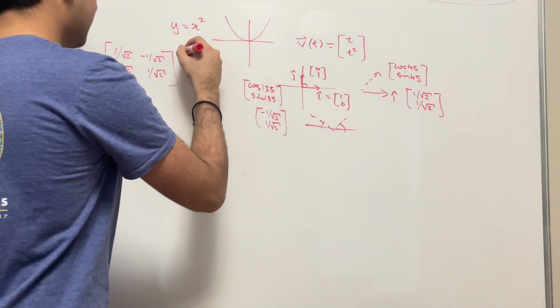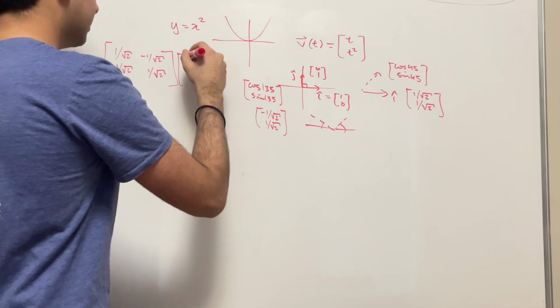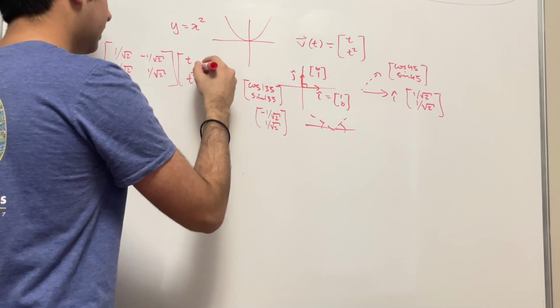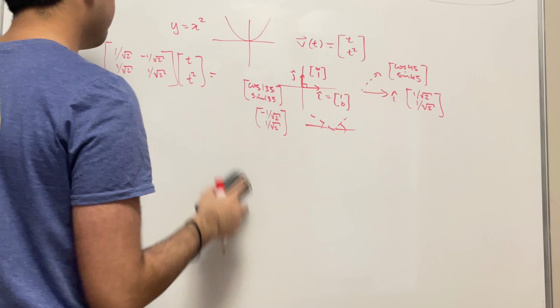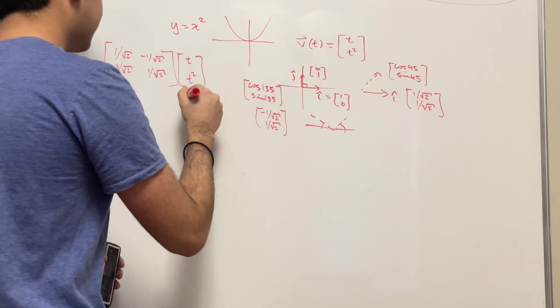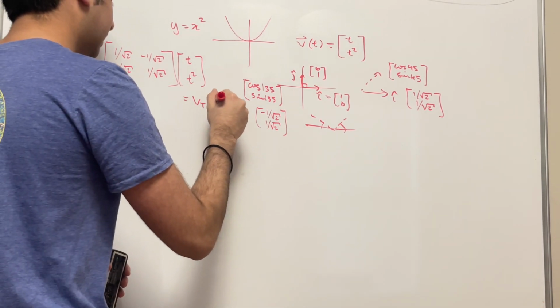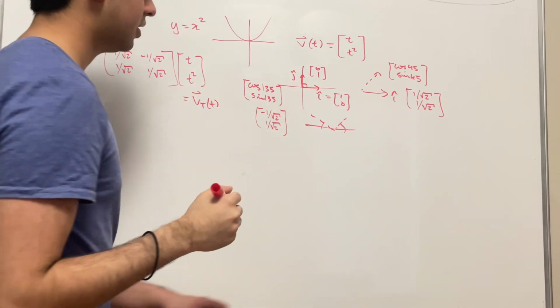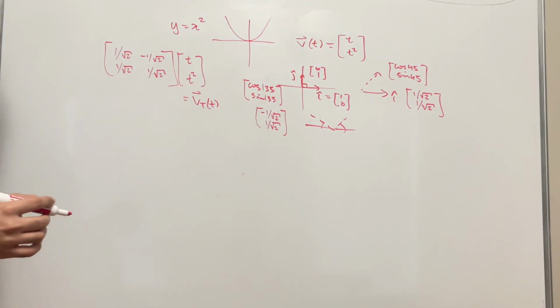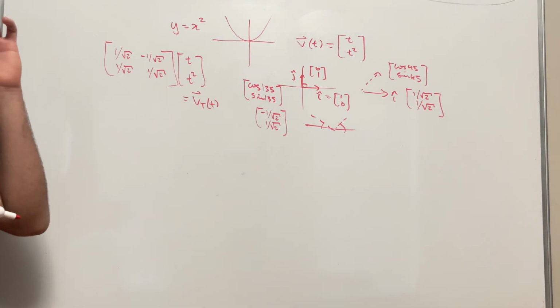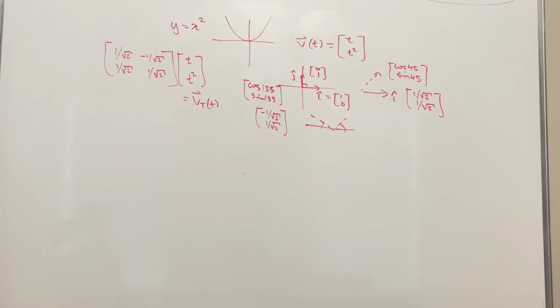If we multiply this by our vector function v of t, so by t and t squared, we will get a new vector function. We'll get a new vector function, v_t of t, that's going to describe the vectors that land in our rotated parabola.